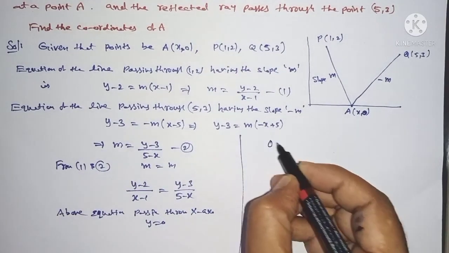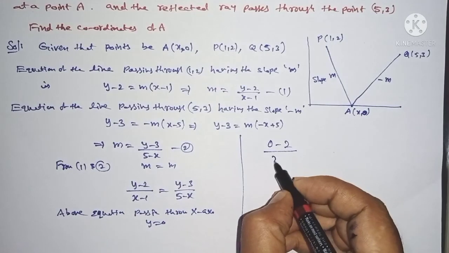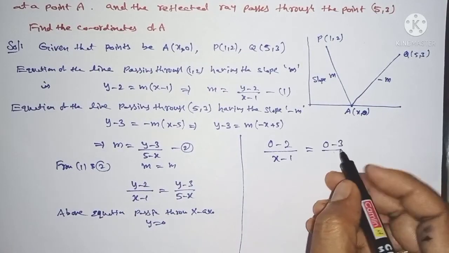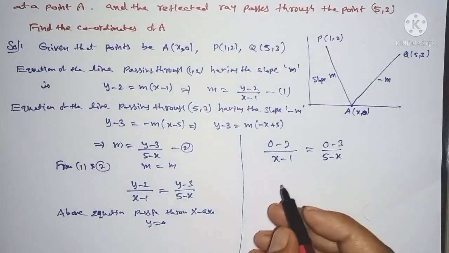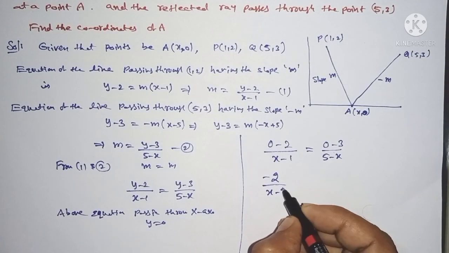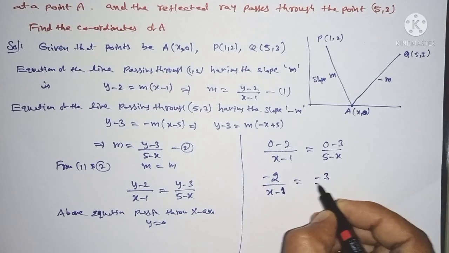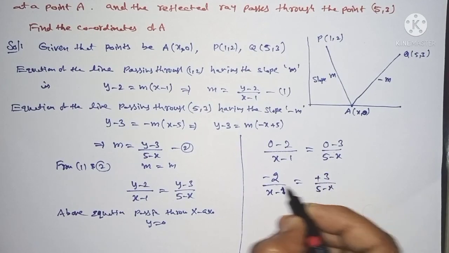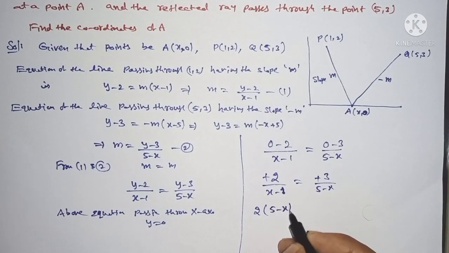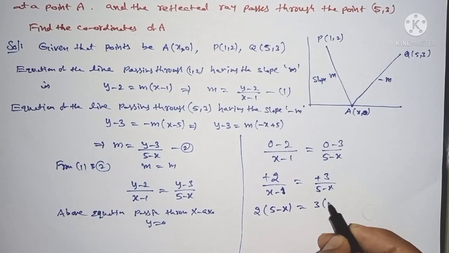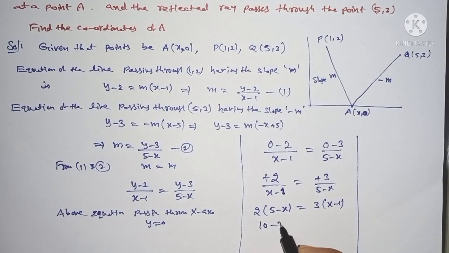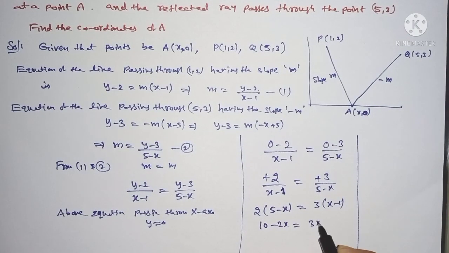What happens is 0 minus 2 by x minus 1 is equal to 0 minus 3 by 5 minus x. Therefore, minus 2 by x minus 1 is equal to minus 3 by 5 minus x. Minus of minus is plus, you can cross multiply: 2 of 5 minus x is equal to 3 of x minus 1. Or you can write here 10 minus 2x is equal to 3x minus 1.